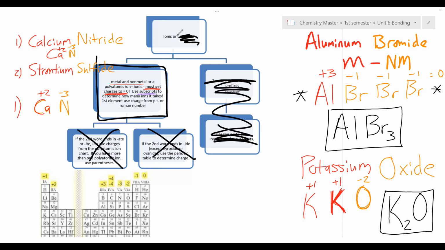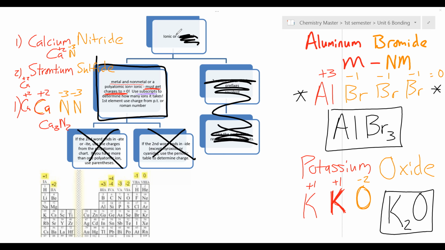So that means we need to get the Cas to a +6 and the Ns to a -6. So you probably needed another N and you needed 2 more Cas. So you need another Ca here and another Ca here. So this one should have been Ca3N2.